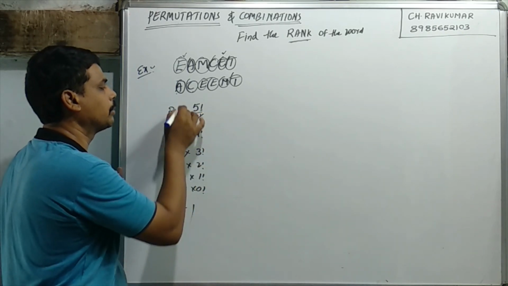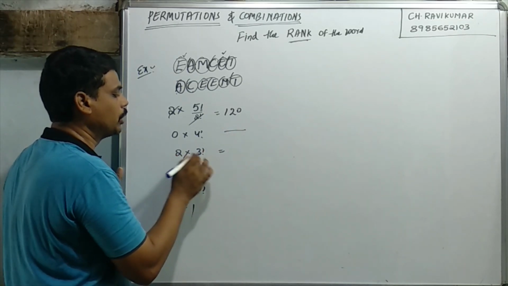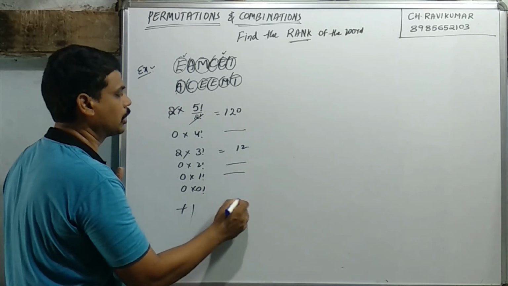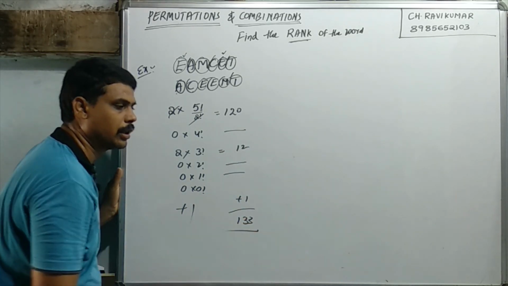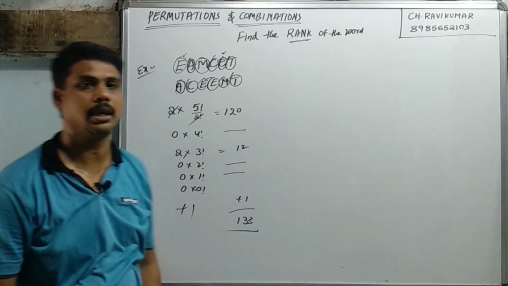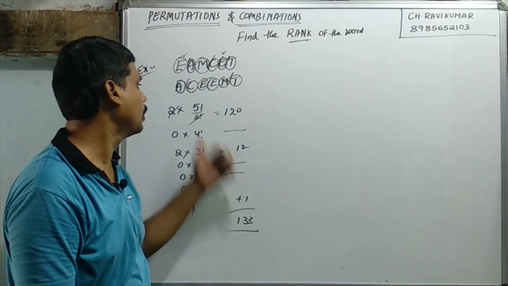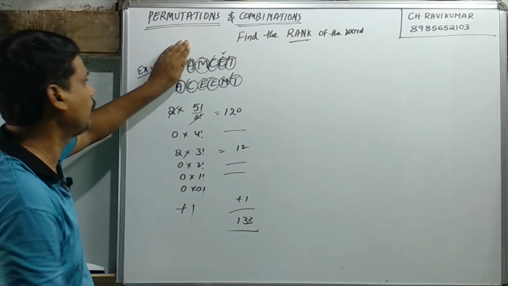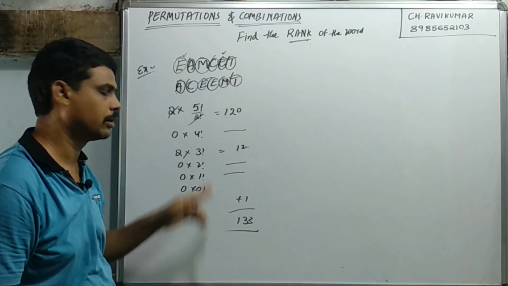So the answer is 5 factorial, which is 120, and 2 into 6 is 12, nothing else, lastly plus 1, so 133. The rank of the word EAMCET is 133. So this is possible only one time. After E, no letter will be repeated, so there is no problem for other words. Okay, thank you.